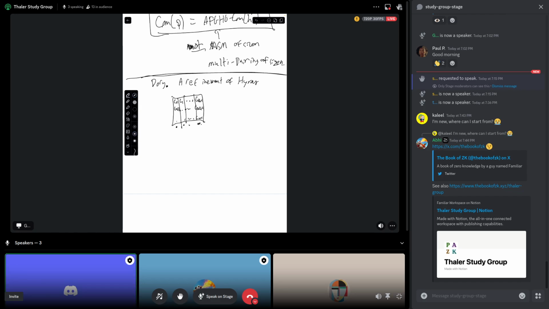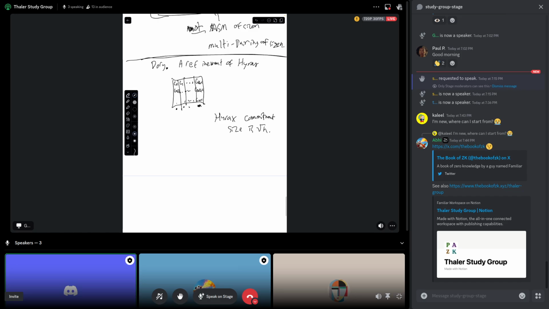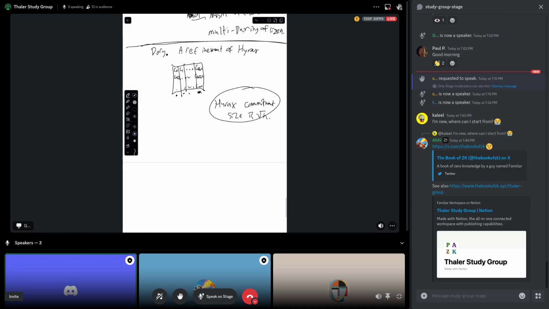So the Hyrax commitment size was root n, because it was one Pedersen vector commitment for each of the root n columns. That was a big downside of Hyrax. I'll tell you what Dory does before reviewing how evaluation proofs in Hyrax work.